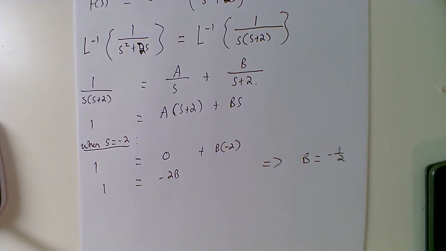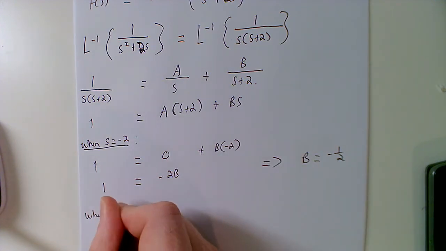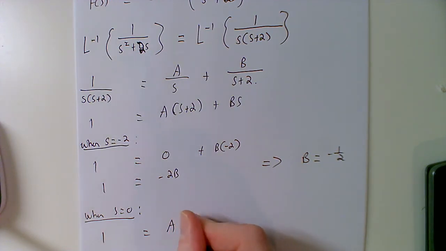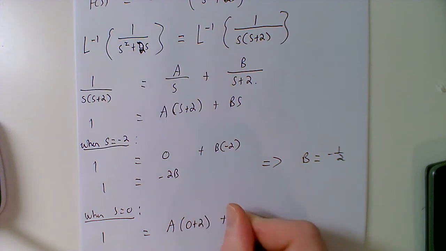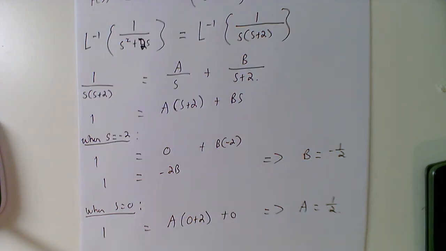Okay, the other part I can make 0, I can choose s to be equal to 0. That tells me a is 1/2.